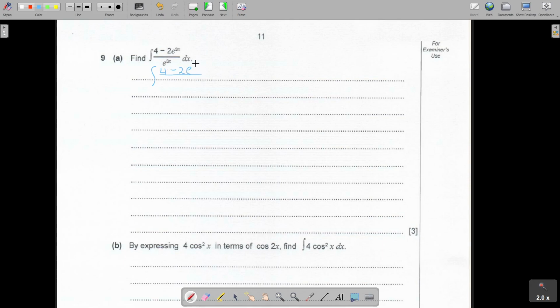I think the space is enough in these question papers. Because it's not a very long sum, I can now say 4 over e to the power of 3x minus 2e to the power of 3x over e to the power of 3x.